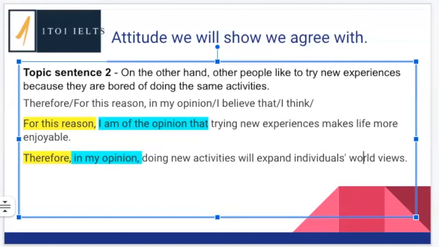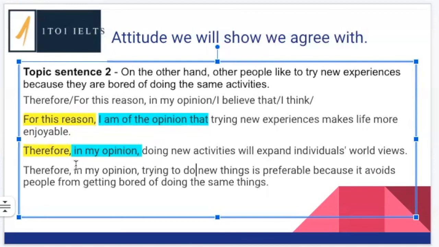Right, I think we've got a few more. Nabila. There we go. Okay, "Therefore, in my opinion", okay, so this is all good. "Trying to do new things is preferable because it avoids people from getting bored of doing the same things." Okay.